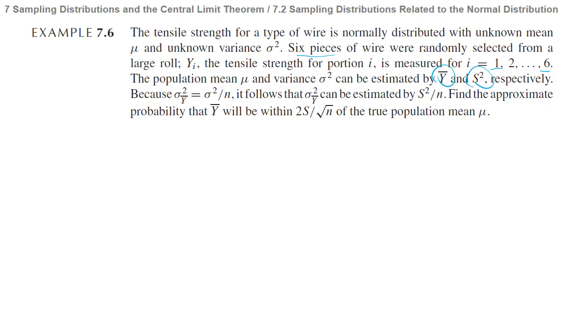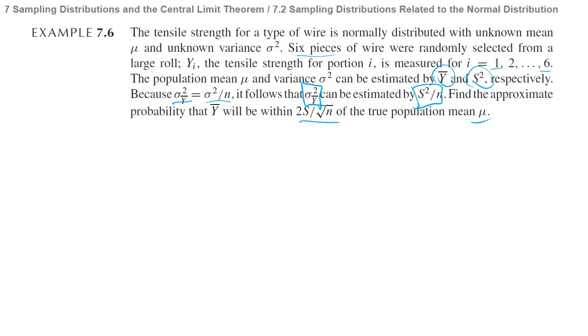Because the variance of y bar is sigma square divided by n, this quantity can be estimated as s square divided by n. We want to find the approximate probability that y bar will be within this range of the true population mean mu.